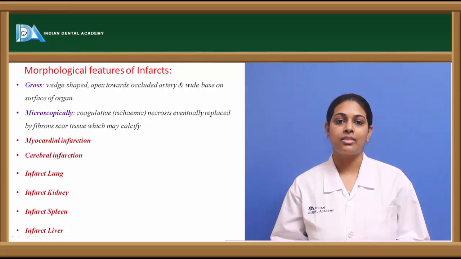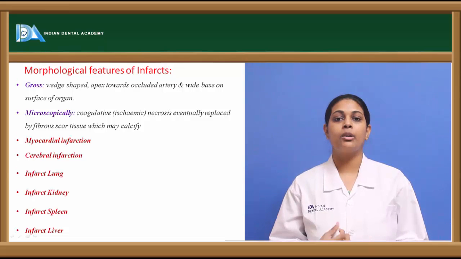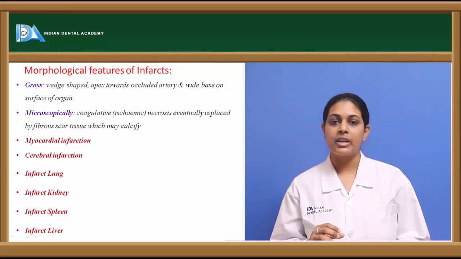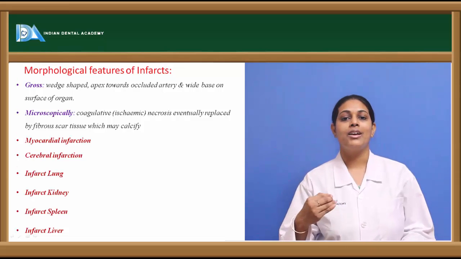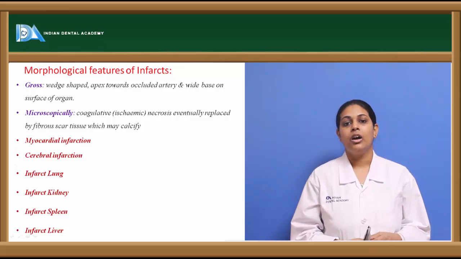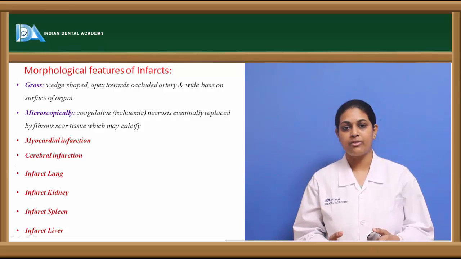Ischemic necrosis is nothing but necrosis of an area that has been supplied with inadequate blood supply, known as an ischemic area, because of an infarction. Under a microscope, we usually see this coagulative necrosis being replaced by fibrous scar tissue.